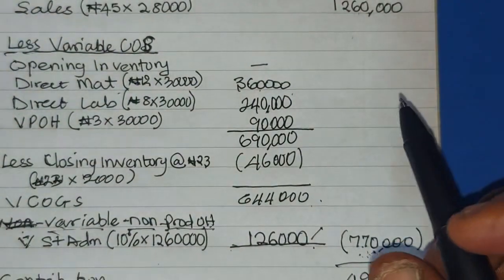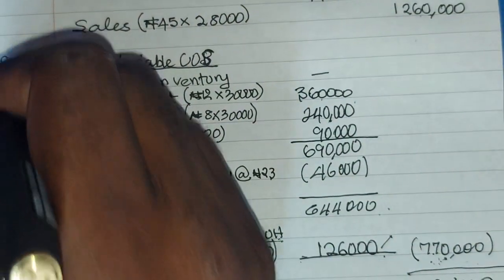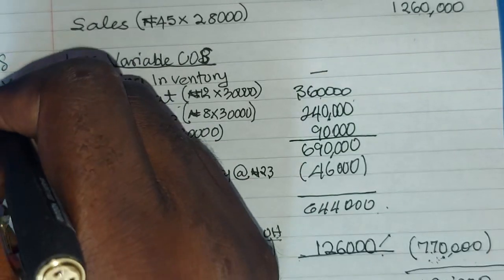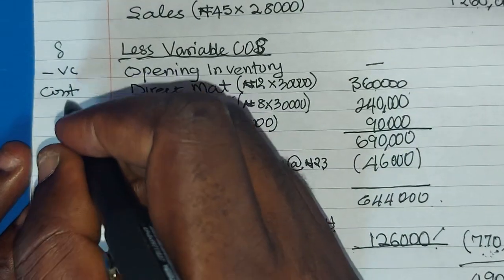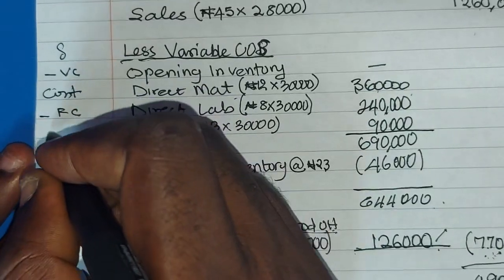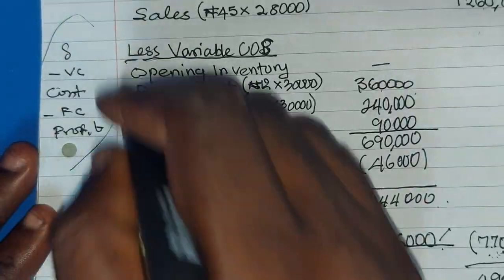So as you can study the format, the format goes like sales minus variable cost. It will give you contribution. Then minus fixed cost, then to give you your profits. That's the format for marginal costing principle.